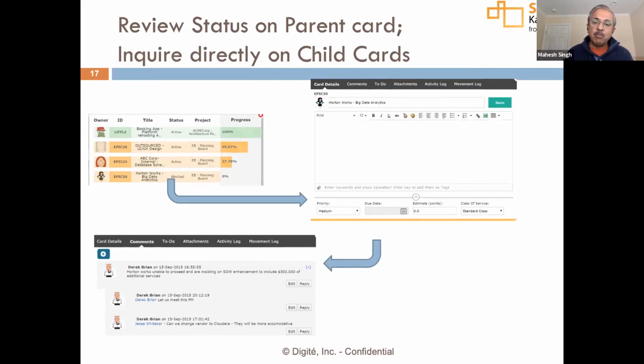So without having to leave your own board, you could actually ask questions of your teams, get the responses, get them notified and alerted on things that are going on, in order to make sure that the people who need to know what's going on are able to firstly get alerted to that and be able to respond to things that they need to respond to.